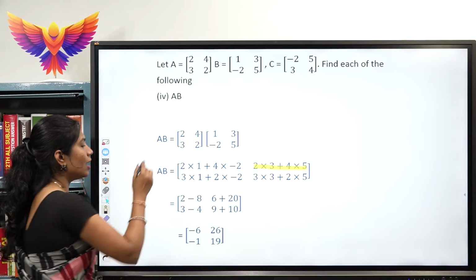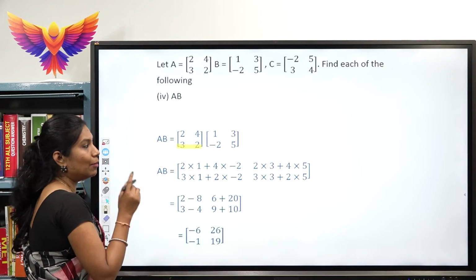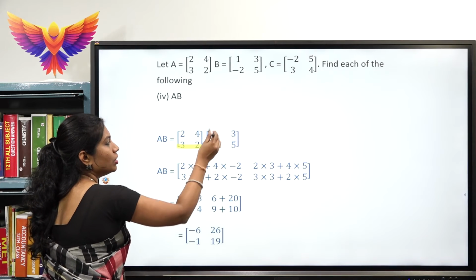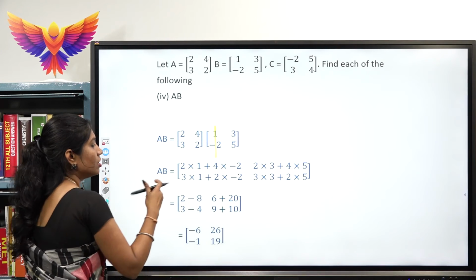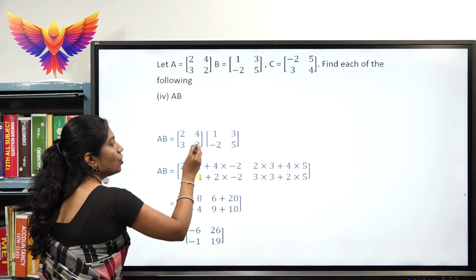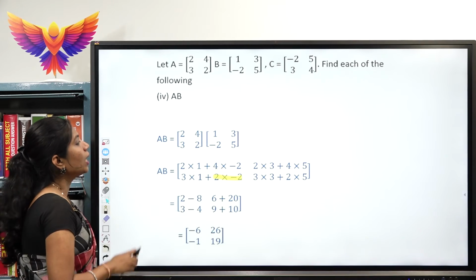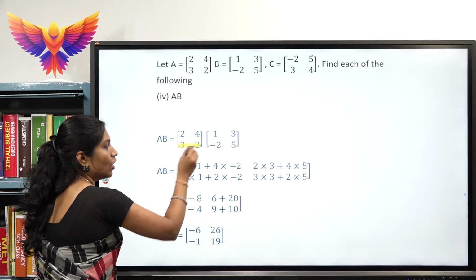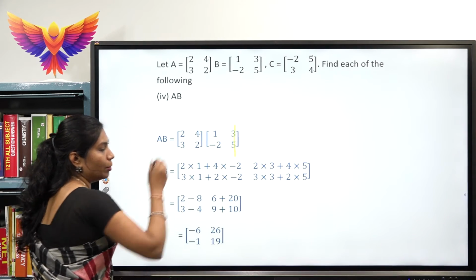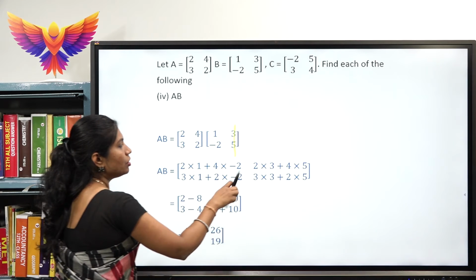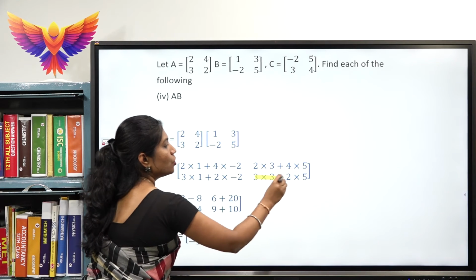The same way, I consider the second row elements and multiply them with the first column, that is 3 into 1 plus 2 into minus 2. The second row with the second column is 3 into 3 plus 2 into 5.